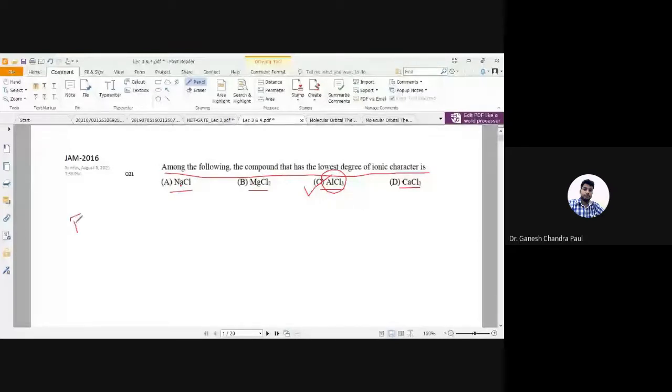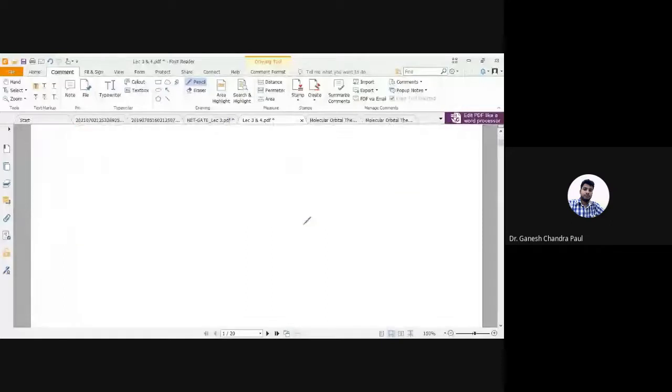You just check what the rule is saying. The percentage of ionic character, electrovalency, covalency, all these things are explained in that rule. So based on that, option C is the correct answer.